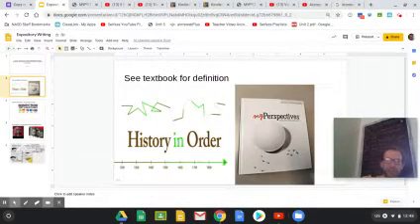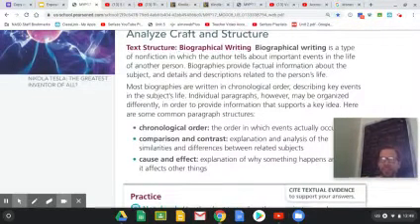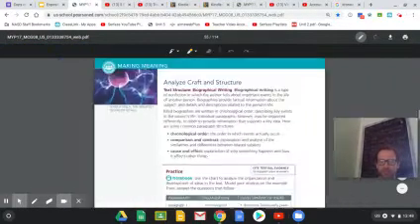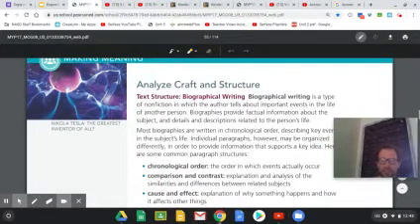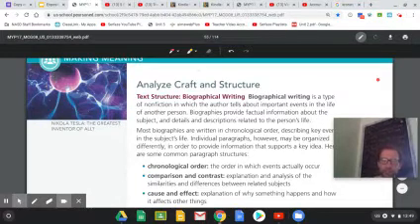All right. So let's take a look in our notes and see what they have to say about these various structures. So text structure, biographical writing. Actually, what will be better to go over again is craft and structure.